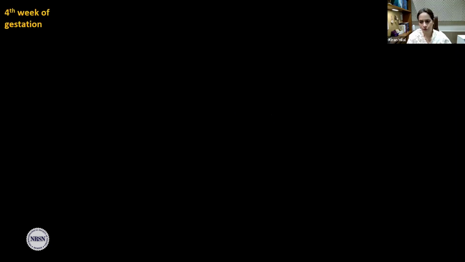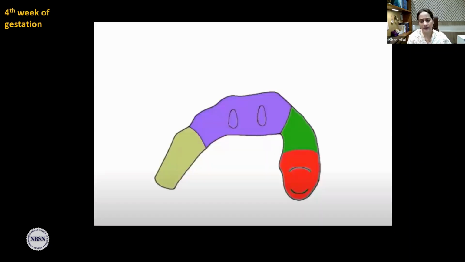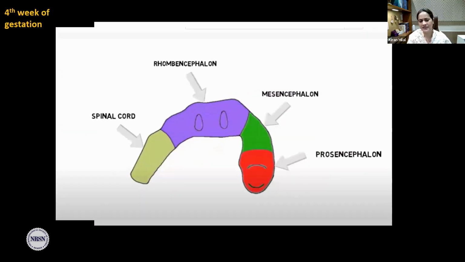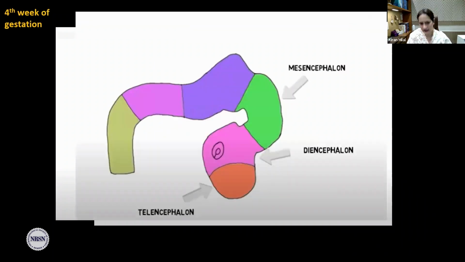The brain starts forming at the 4th week of gestation with three primary vesicles. These three primary vesicles are the prosencephalon, mesencephalon, and rhombencephalon. And distal to the third vesicle is the spinal cord formation. In the next stage, the prosencephalon divides into the telencephalon and the diencephalon.